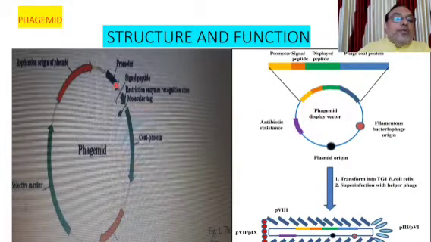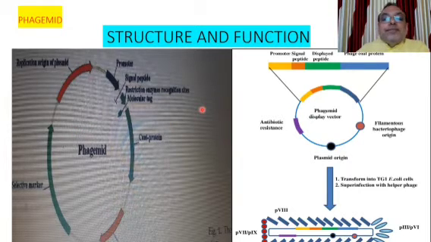Now you can see here the different location sites of the plasmid: coat protein site, plasmid site. But one more important point is that this plasmid contains the gene for only one coat protein or none of the coat proteins.